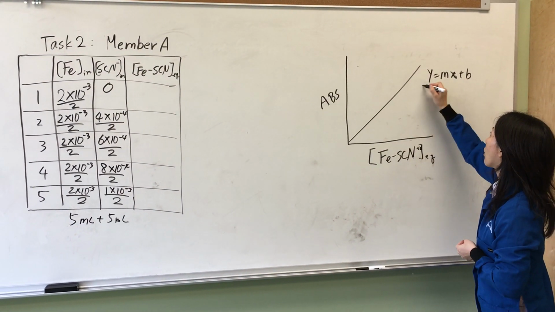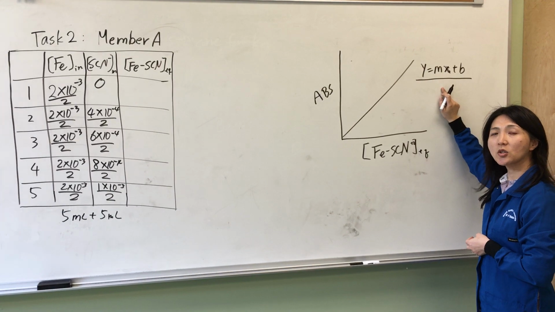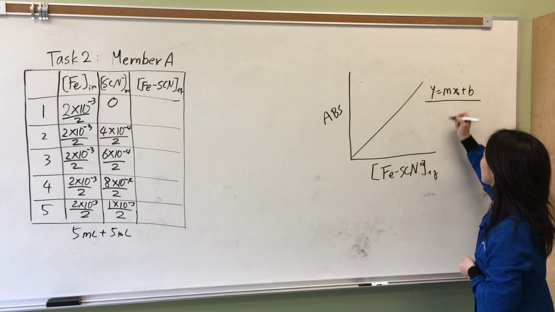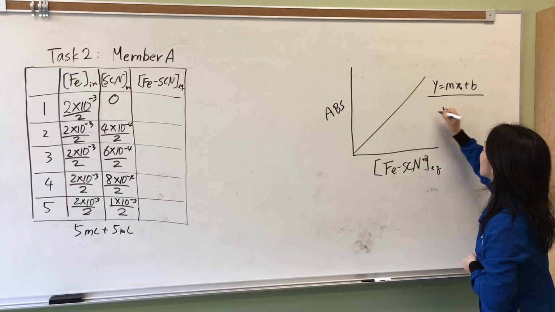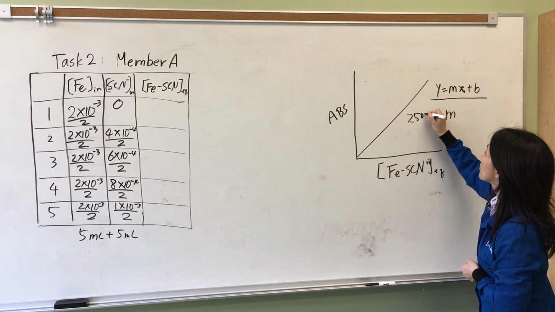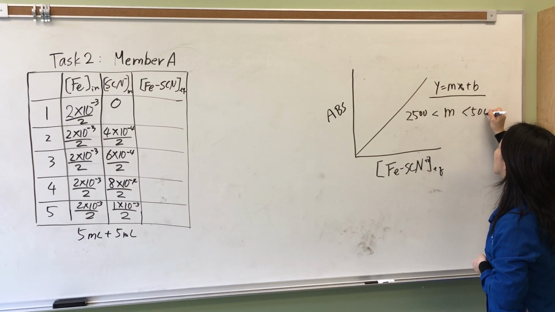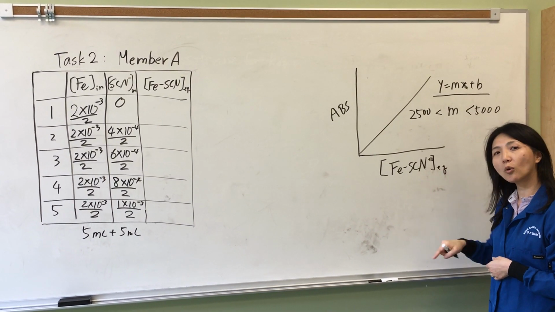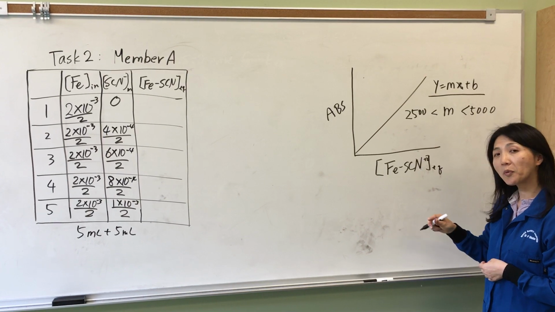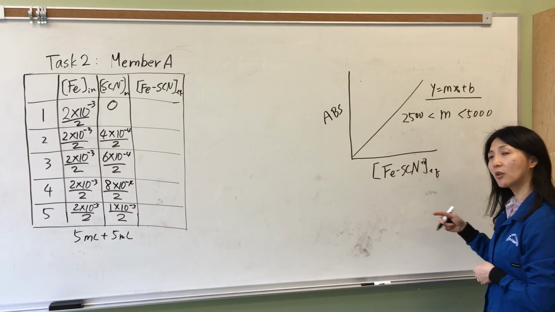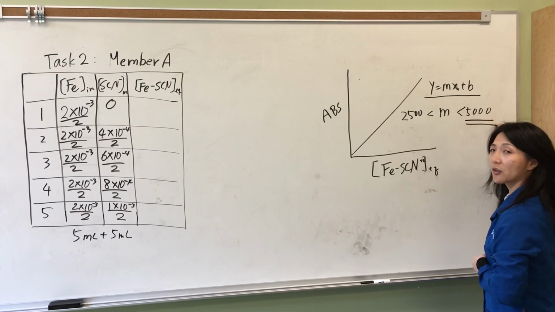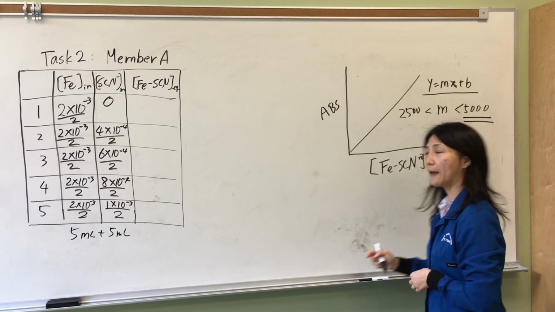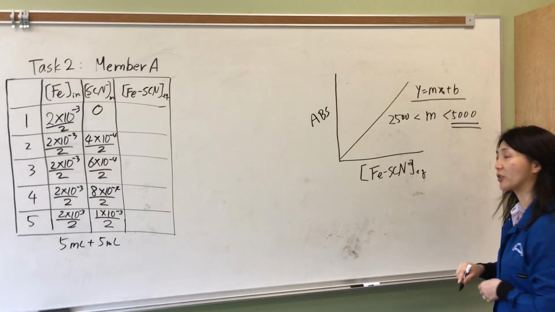And then we're going to use the whole equation to calculate the product concentration. Okay? And this slope, m, should be between 2,500 and 5,000. If your slope is not within this range, you go talk to the instructor. And then probably the instructor will recommend you to use 5,000 to calculate your product concentration. Okay? But you need to go talk to them first.